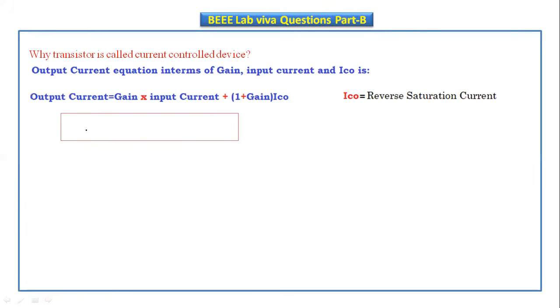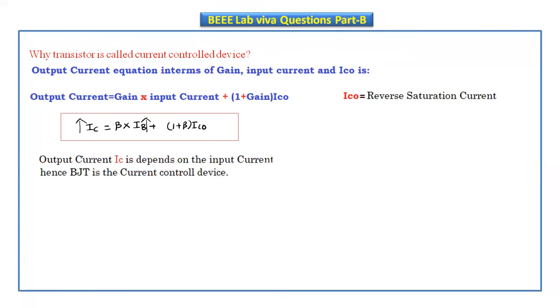In common emitter configuration, output current is indicated by IC, gain of the common emitter is denoted by beta and the input current is denoted by IB, plus 1 plus beta into IC naught. From the equation we can say that there is no voltage term here. This output current depends on the input current.